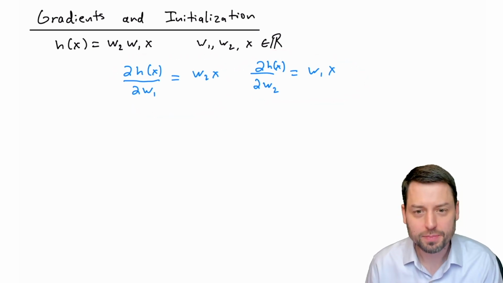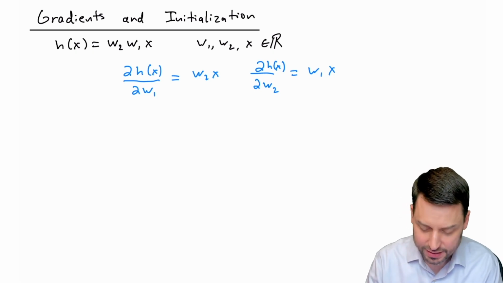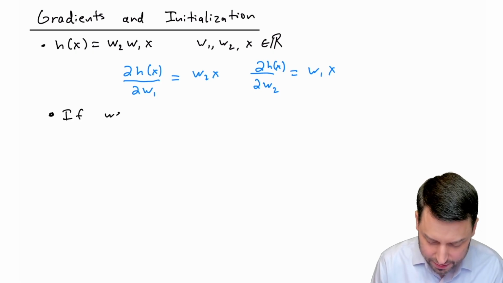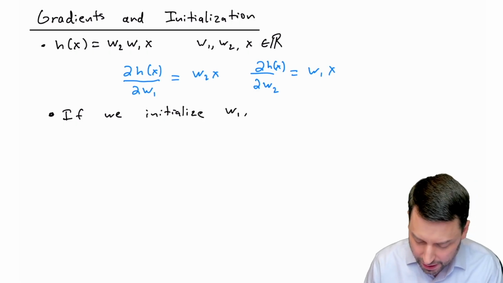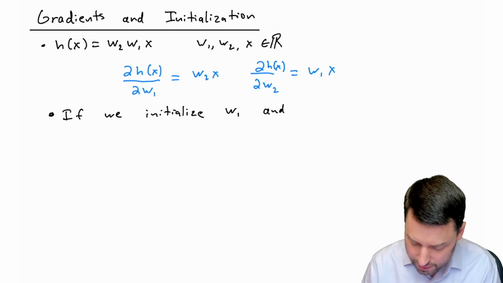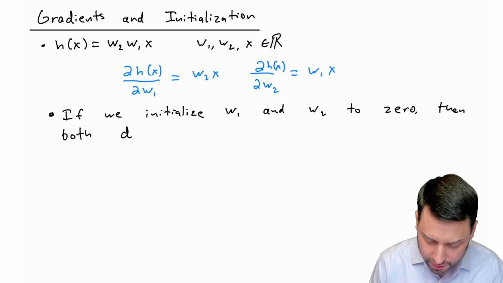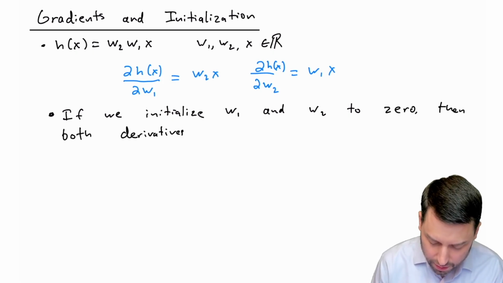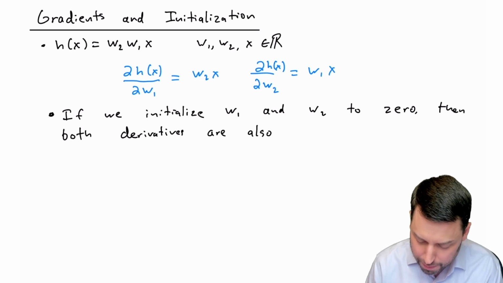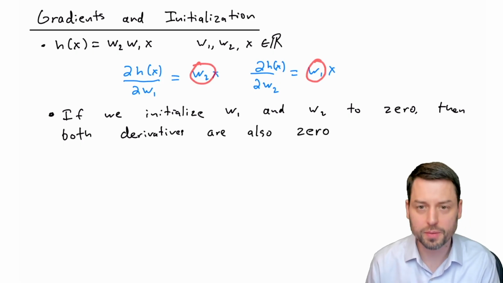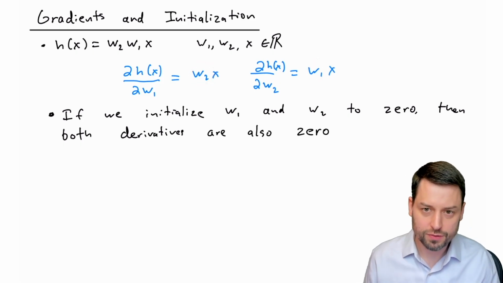And what's interesting here is that if we initialize W1 and W2 to 0, then both the derivatives are also 0, right? Because they both involve a W2 term or a W1 term. And this same thing holds for neural network models.